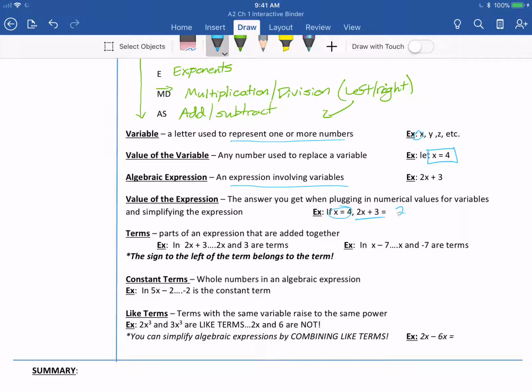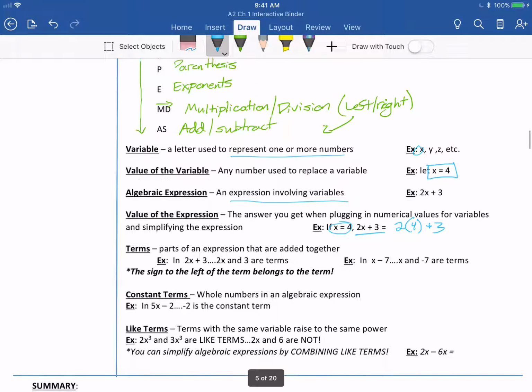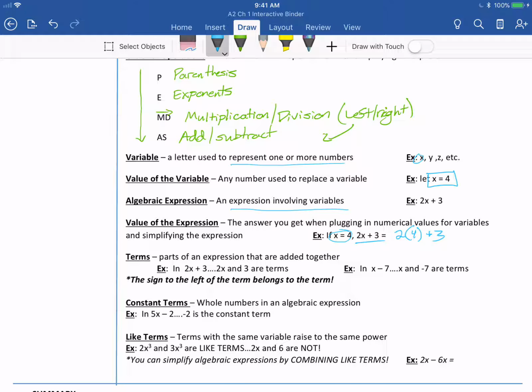Now I just plug these in. So I have 2 times 4 plus 3. Now I look at my PEMDAS. I have to do whatever is inside my parentheses. I can't do anything with just the 4, and there are no exponents. I move to multiplication, so this is 8 plus 3, which is 11. All right. Good, great.